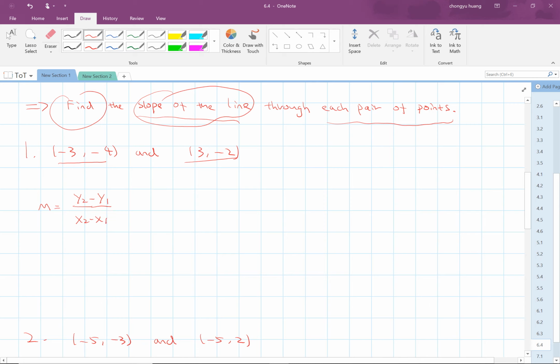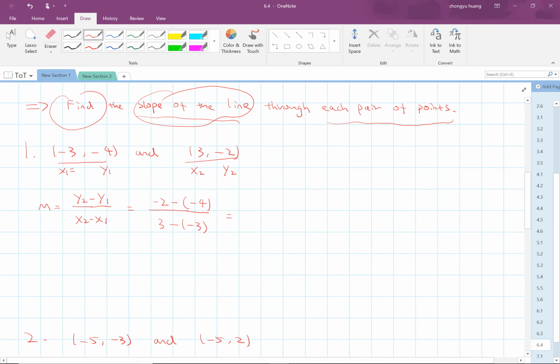This is x1, this is x2, this is y1 and this is y2. Now you plug in the points: y2 is -2 minus y1, which is -4, so you write down -4. x2 is 3 minus x1, which is -3.